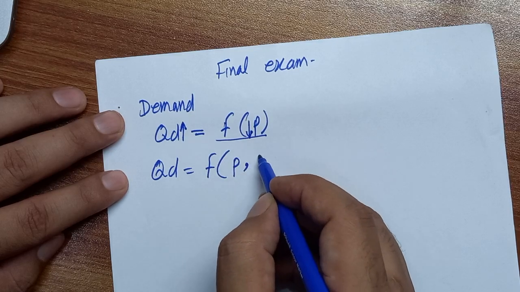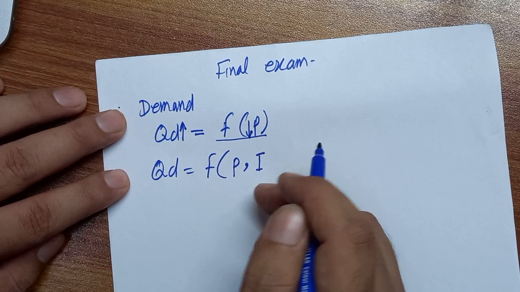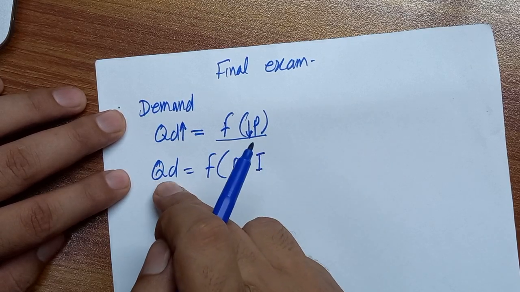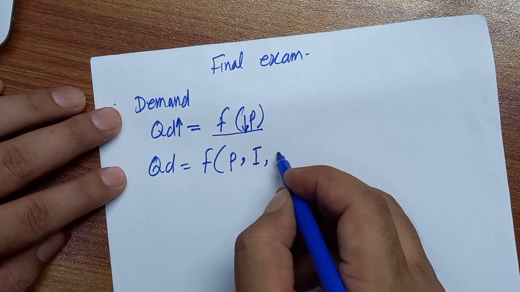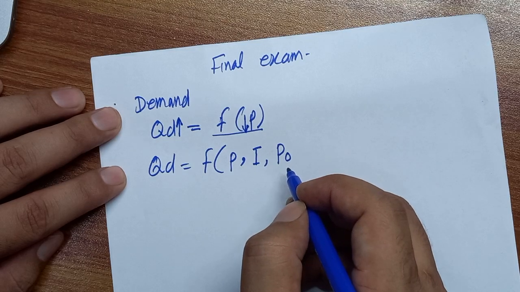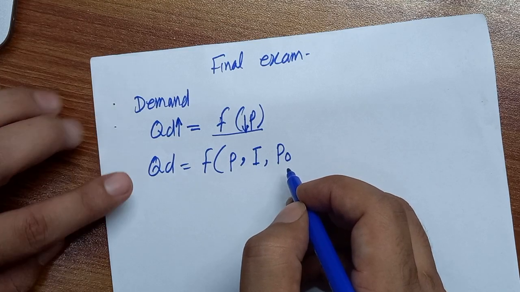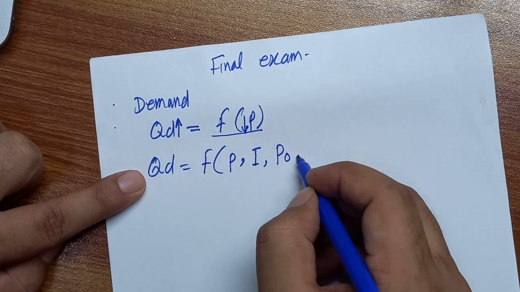We also have income. You know, income also changes the quantity of demand, and price of the other good. If the price of the other good increases or decreases, the quantity of demand will also be affected.